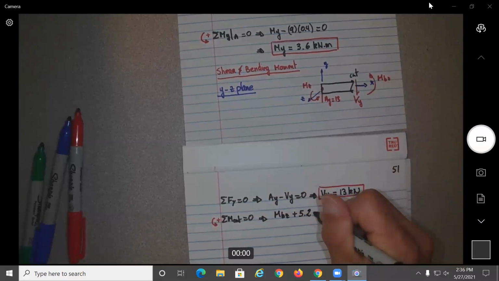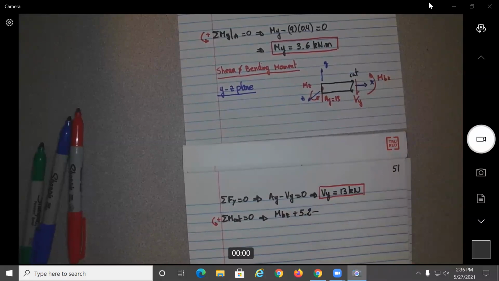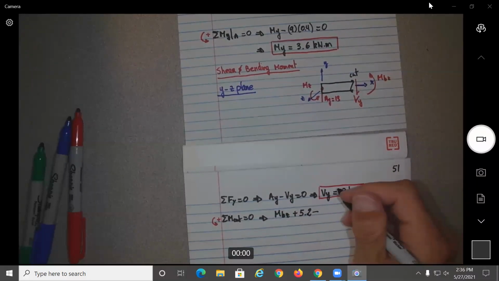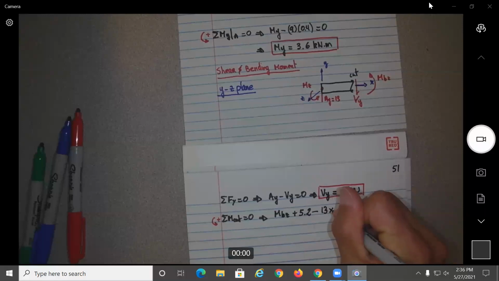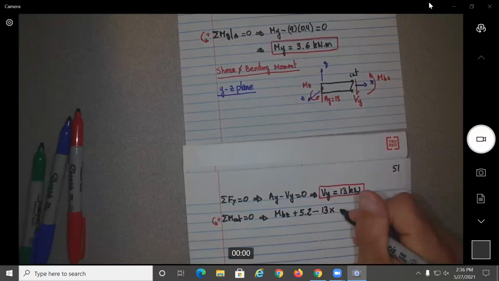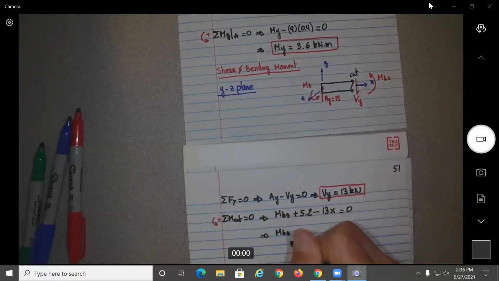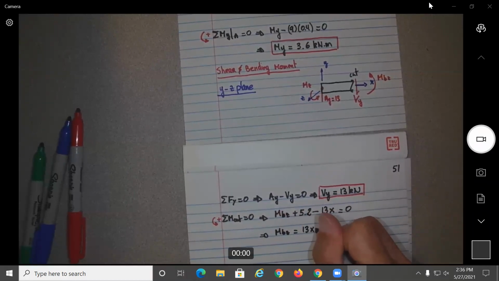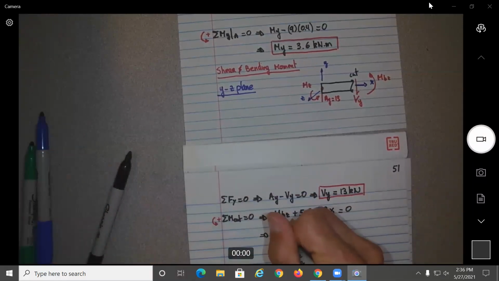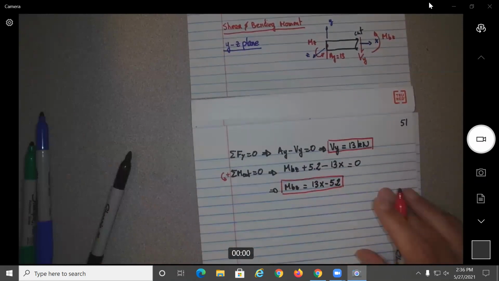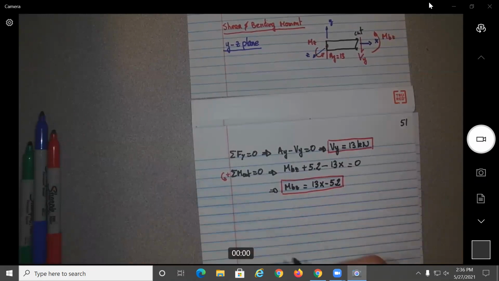A positive, a clockwise, so will be a negative moment of 13x equal to 0, which will give you that bending moment Z will be equal to 13x minus 5.2. Again, all this is not needed, but I just do it as a review.